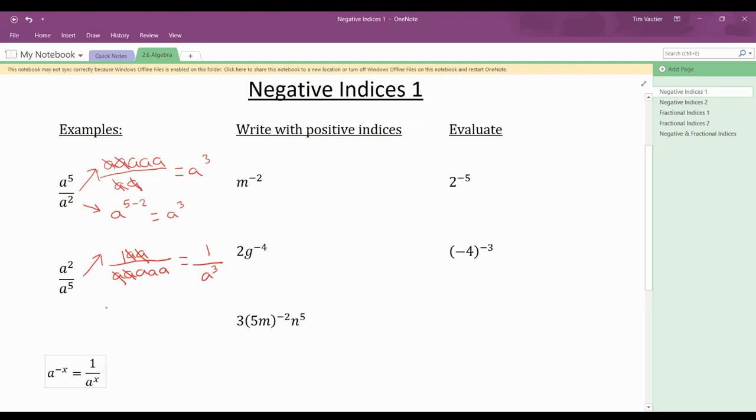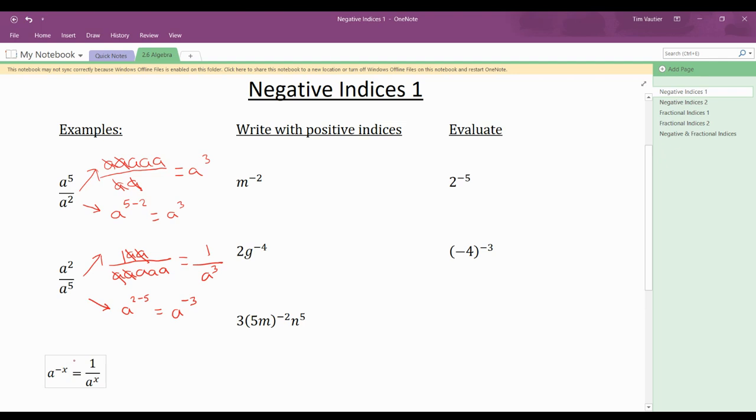In terms of our shortcut method, we'd be doing a to the power of 2 take away 5, because we've got 2 on the top and the 5 on the bottom. And so that would leave us with a to the power of negative 3. You can see that this time our answers look different, but they mean the same thing, they're just written differently.